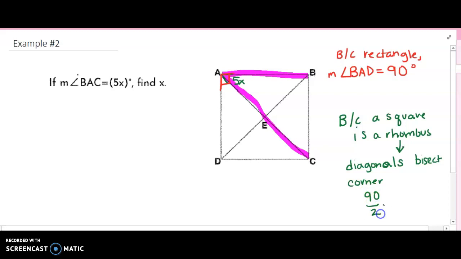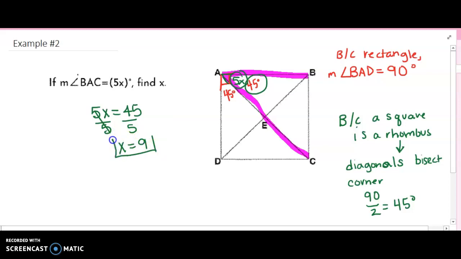So 90 divided by 2 is 45 degrees. So this here, let me change colors, this here is 45 degrees. And this here is also 45 degrees. Okay? Well, now that we know that 5x has to equal 45. Divide both sides by 5. X equals 9.